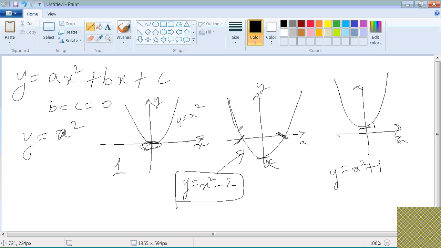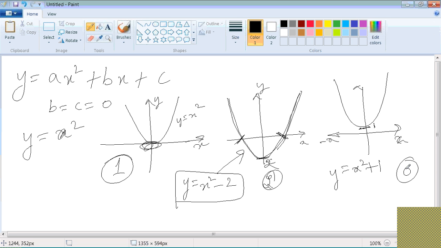The parabola cuts the x-axis in 2 places. Whereas here it's 0, right? It doesn't even touch the x-axis. Right, so this is 1, this is 2 points, and this is 0 points, right, on the x-axis.